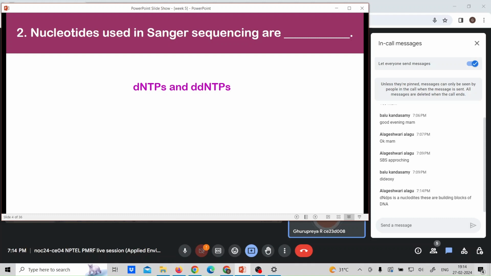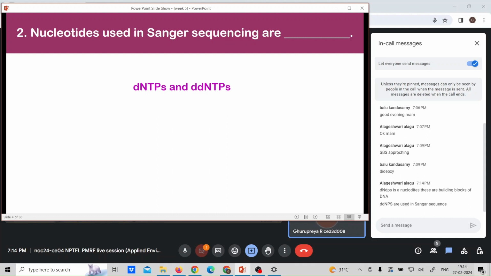You're perfectly right. Okay, let me tell the difference between dNTPs and ddNTPs. So, as Salakeshwari has told, dNTPs are nucleotides and they are building blocks of the DNA.